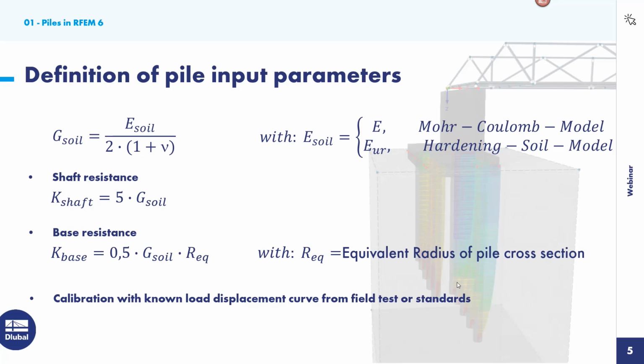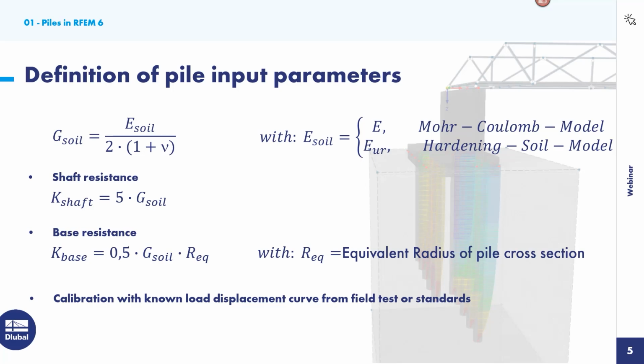With this E modulus and the Poisson value, you would be able to calculate the related shear modulus. The shaft resistance and base resistance can be calculated from the shear modulus, as provided in these equations. These equations are a first value for your pile input.